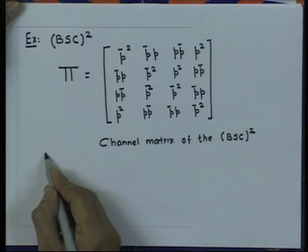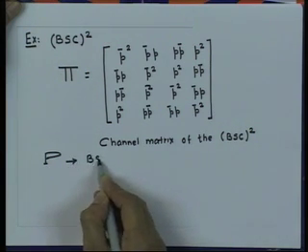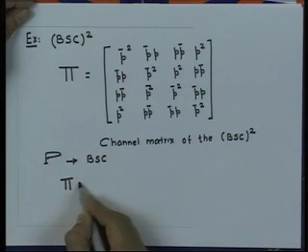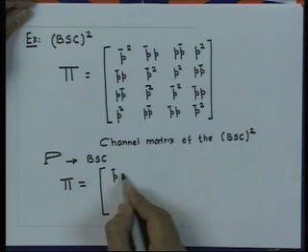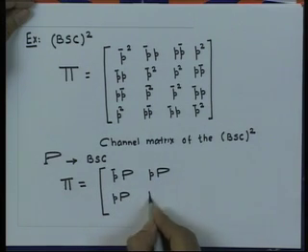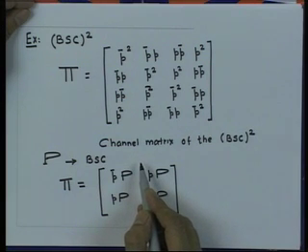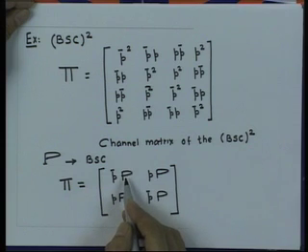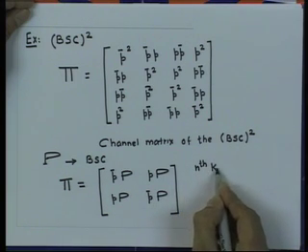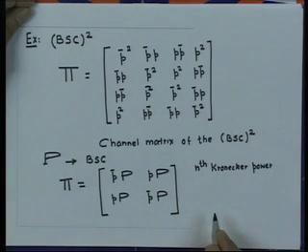So, let P as before be the channel matrix of the binary symmetric channel, then the channel matrix of the second extension of the binary symmetric channel can be written as P bar P, P; P P, P bar P. Now, this matrix is known as the Kronecker square of the matrix capital P. In the more general case, the channel matrix of the nth extension of a channel is the nth Kronecker power of the original channel matrix.